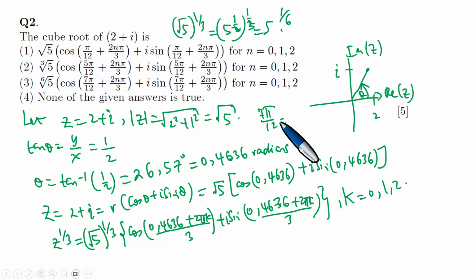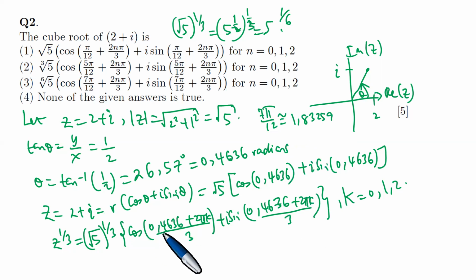Okay, I'm going to use a calculator. So that would be 7π over 12, which is 1.83, approximately.